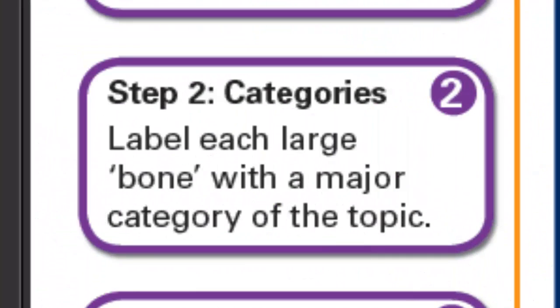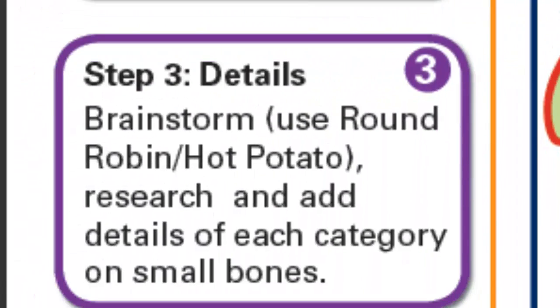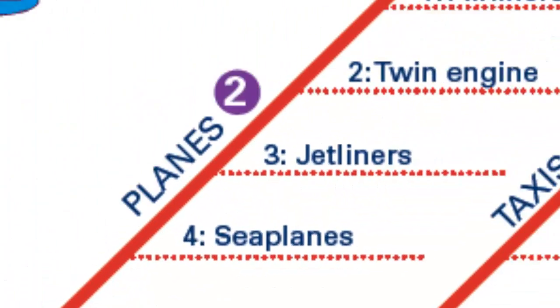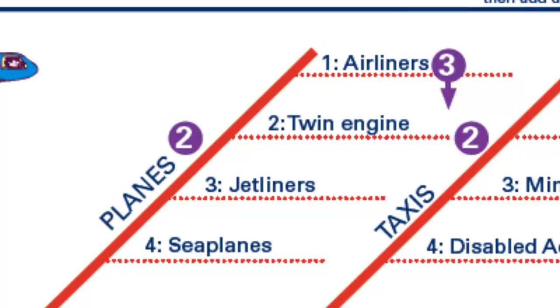Step 2 says to label the categories along the large bones, and then step 3 says to add details along the smaller bones, and they're clearly set out on this diagram and labelled.